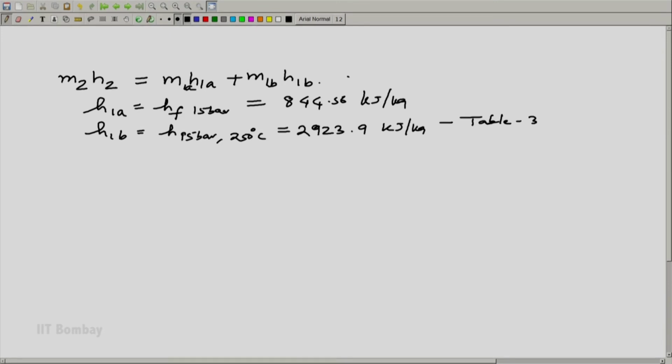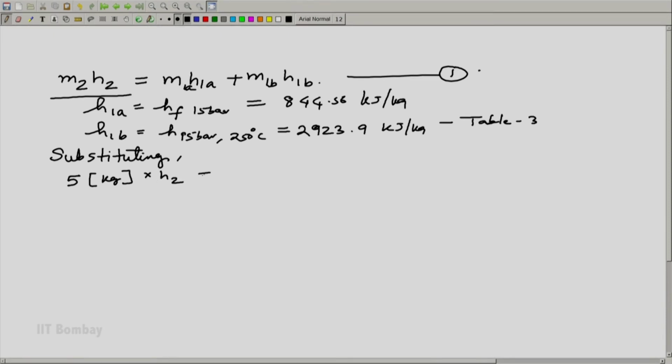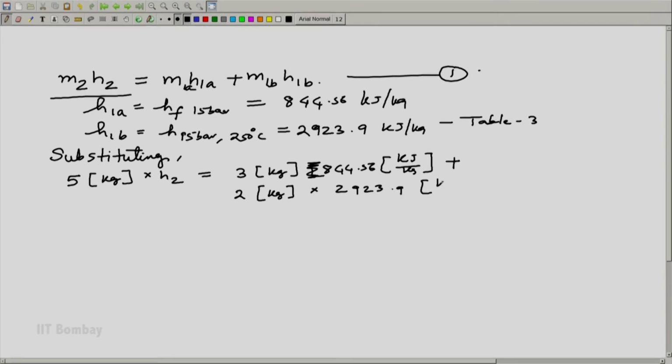So, if I substitute these values in this equation 1, we get M2H2, M2 is 5 kg because 3 kg plus 2 kg together is 5 kg, into H2 is equal to M1A H1A, M1A is 3 kg, into H1A which is 844.56 kilojoule per kg, plus 2 kg into 2923.9 kilojoule per kg.